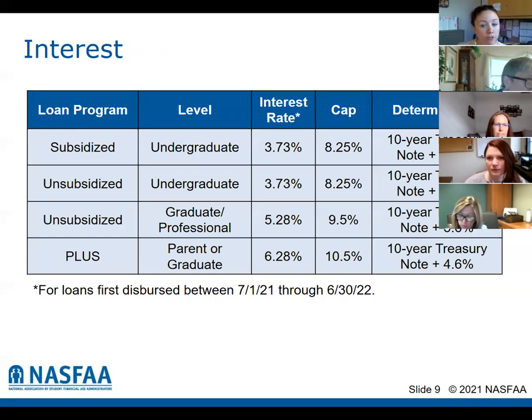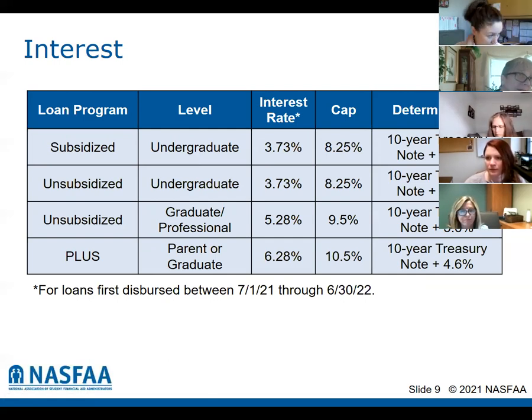This is just for your reference. These are the interest rates for all of the direct loan programs for this upcoming academic year that's about to start in a couple days. Last year we had extremely low rates. Maybe in the chat, does anybody know why the rates were so low last year?